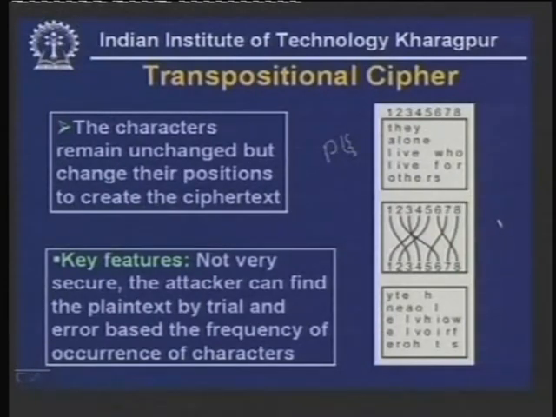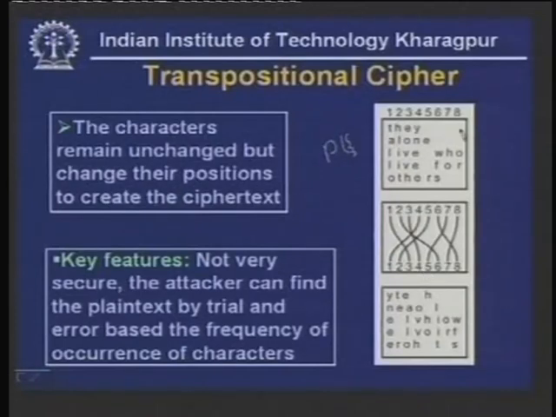You can see here that the character in column 1 is now placed in position 3 in the ciphertext, the character in position 2 is placed in position 6 in the ciphertext and so on. This diagram represents 1 to 3, 2 to 6, 3 to 4 and so on.